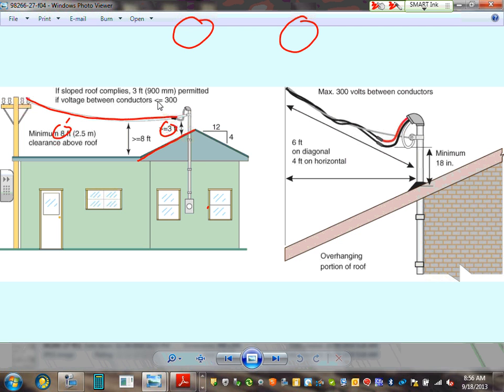Look at the voltage here. The voltage is 300 volts or less, so that will cover your 208/120 volt system or 240/120 volt single phase system. That's what it would cover.